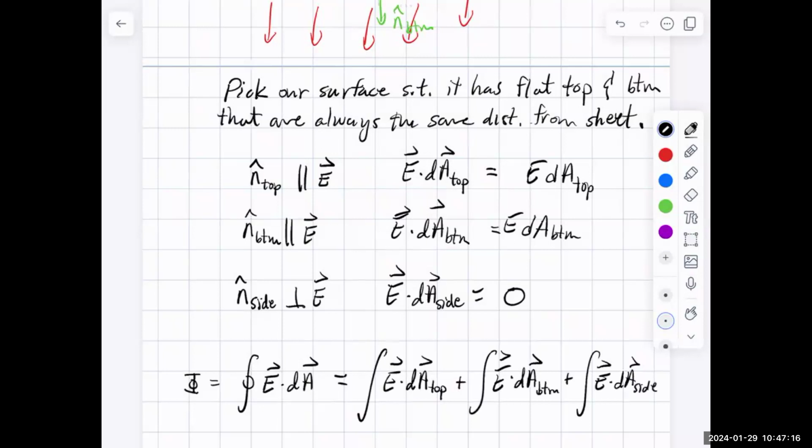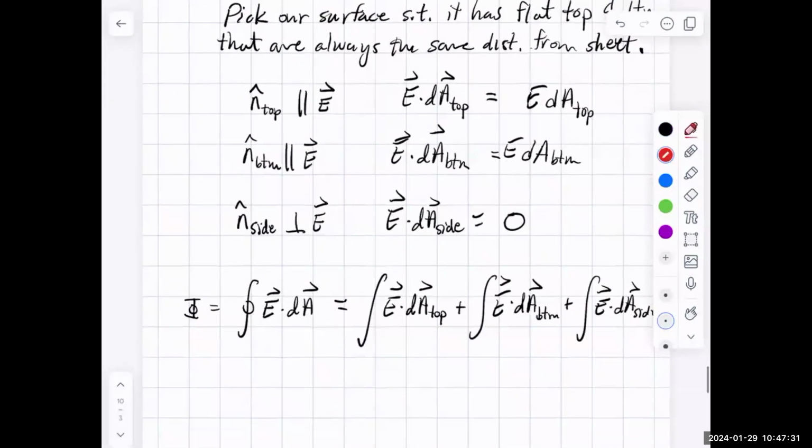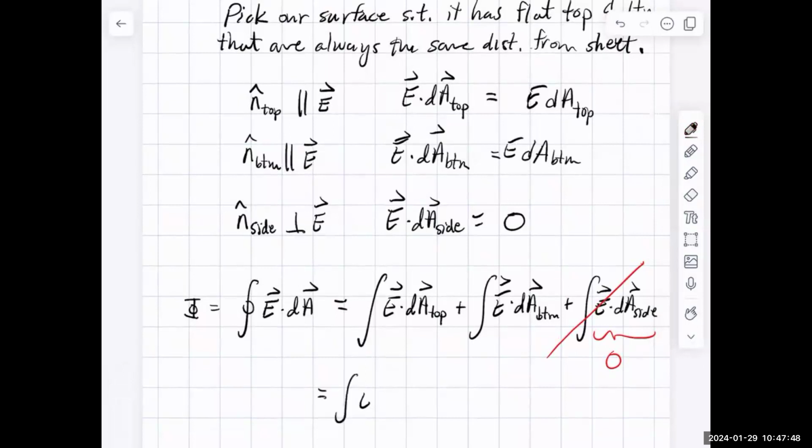If I add up all those individual parts of the flux calculation, I've included all of the surfaces of our closed surface. But the side is already 0, so we can ignore that last one. And we've already said that the other two dot products go away. So this is E dA top plus E dA bottom.